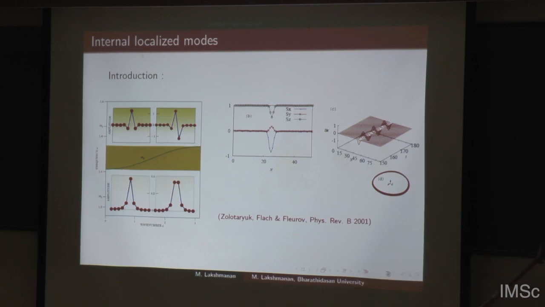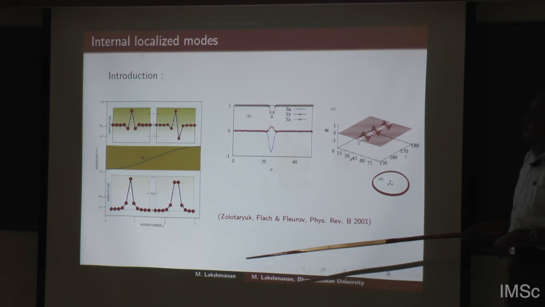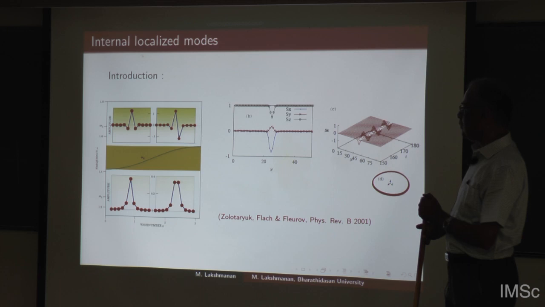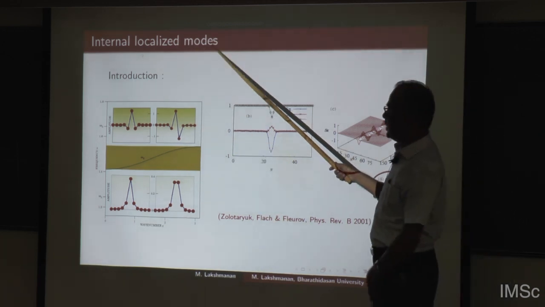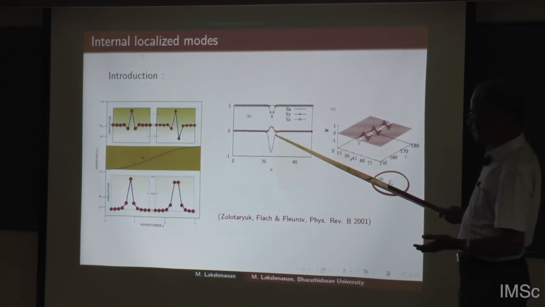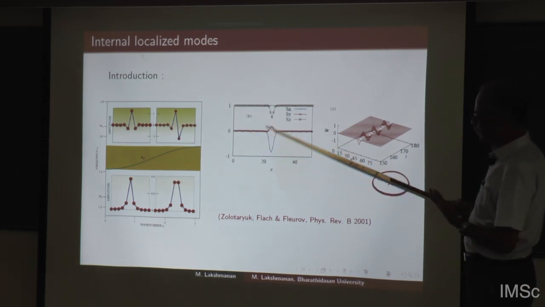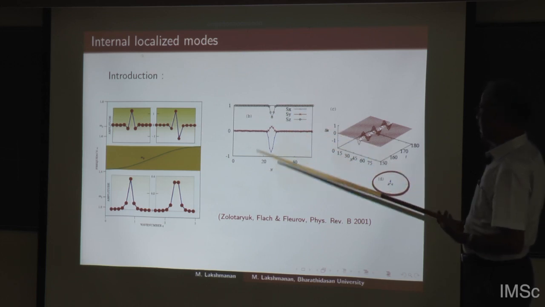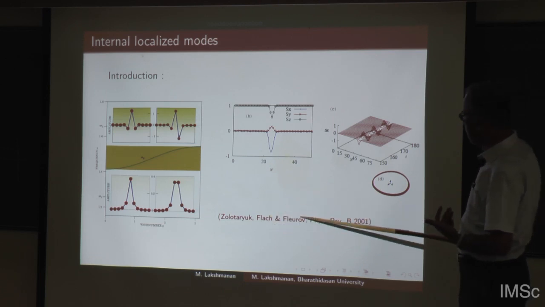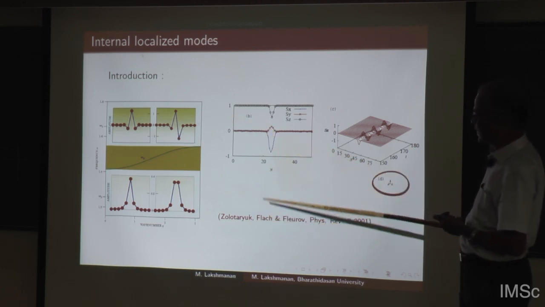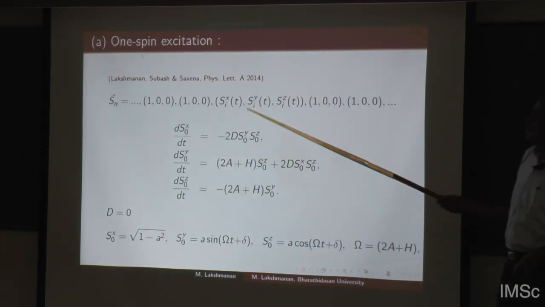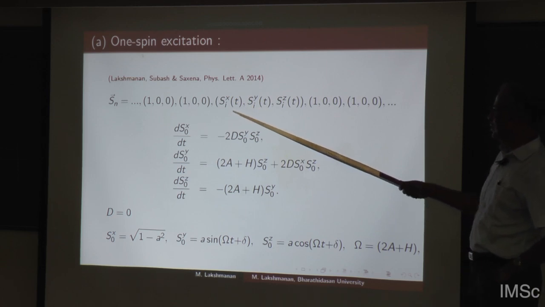Just in the last one minute, I also point out that these kinds of nonlinear lattices can also admit what are known as intrinsic localized modes. In the sense, you can have solutions which are localized, but they don't move, and they can oscillate around those points and so on. Such motions have been identified for a particular kind of magnetic chain, and numerically. Here we point out that you can find exact such solutions.